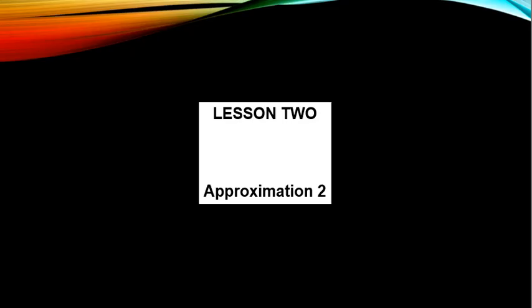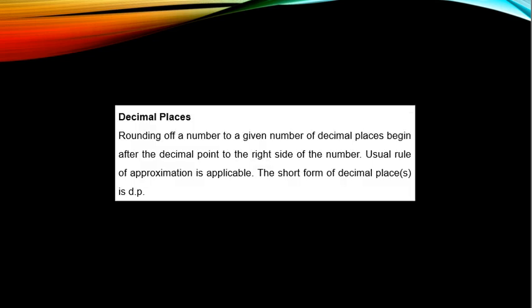Okay, lesson 2, approximation 2. This is a continuation of lesson 1, and in this lesson we talk about decimal places. In lesson 1 we talked about SF. So this is DP now, decimal places.